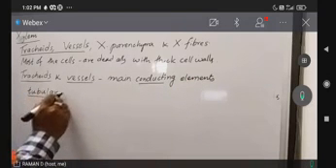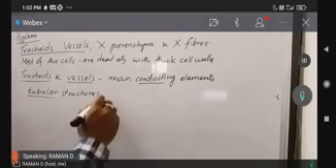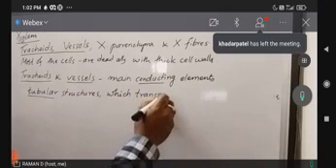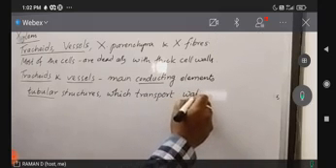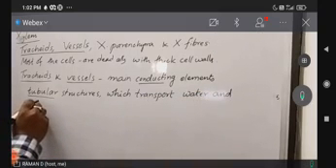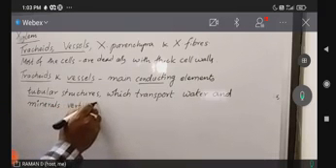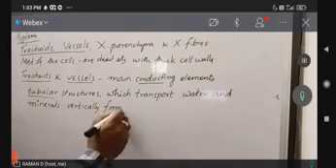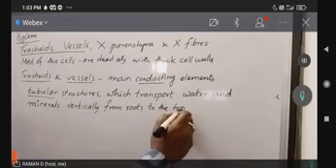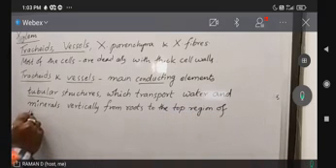Tubular means tube-like structures which transport water and minerals vertically from roots to the top region of the plant body.